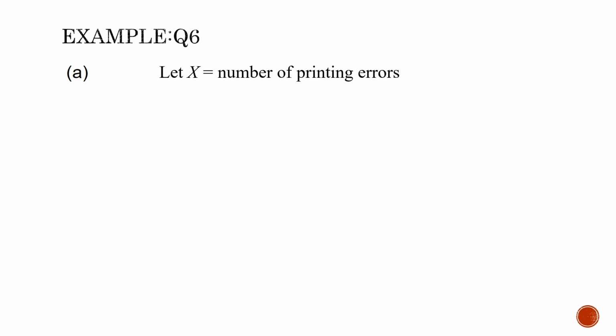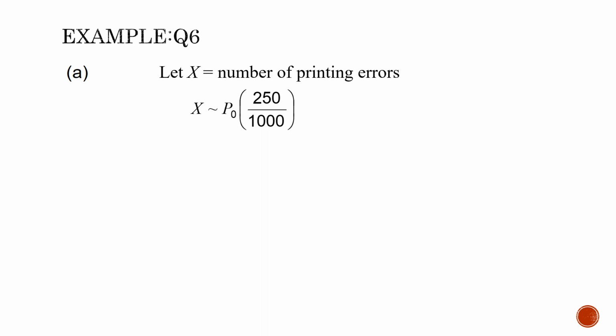Now you have to describe the distribution of X. So X follows the Poisson distribution. So how do you find the mean number of errors occurring on one page? I repeat, the mean number of errors occurring on one page. So what must you do?